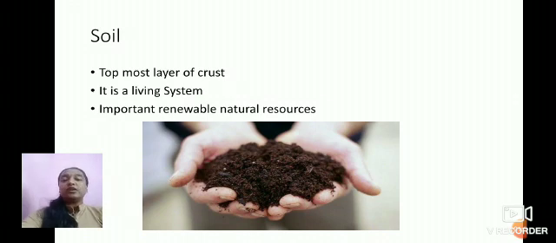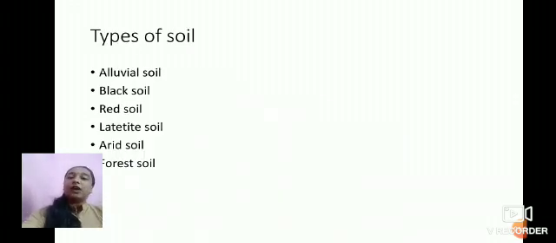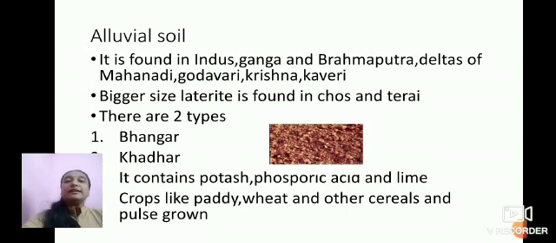We have finished with what is soil, and I am going to deal with the types of soils. We have 6 types of soil: alluvial soil, black soil, red soil, laterite soil, arid soil, and forest soil. First of all, let me tell you about alluvial soil. Alluvial soil is found in the Indus, Ganga, Brahmaputra plains, and deltas of Mahanadi, Godavari, Krishna, Kaveri.